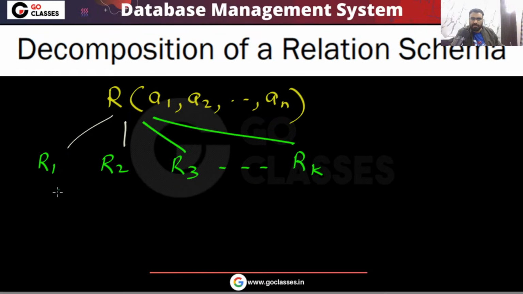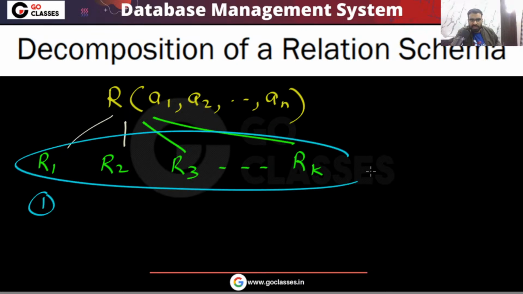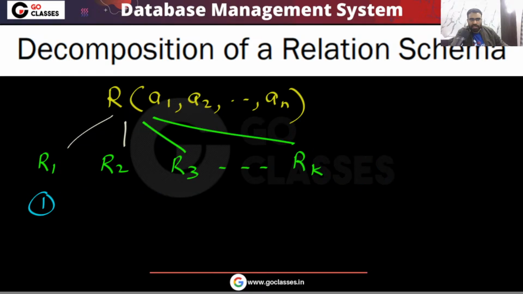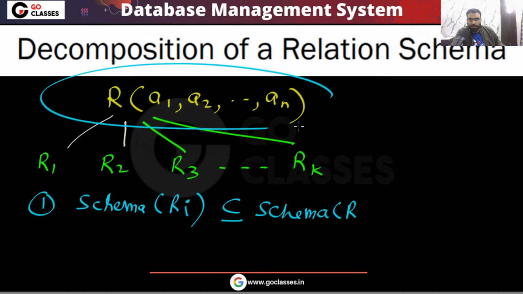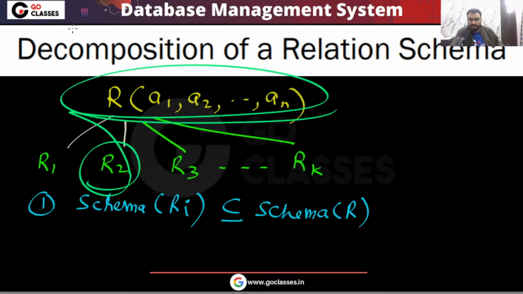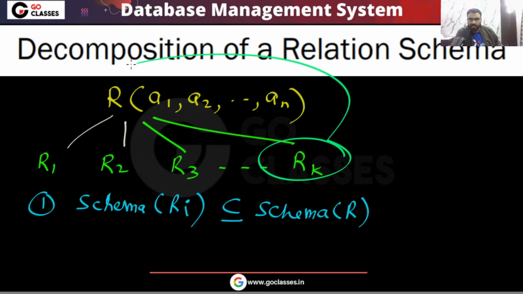Now what are the properties? Two properties must be satisfied. First, the schema of all these sub-relations should be a subset of the schema of R. That is, the schema of Ri should be a subset of the schema of R. The attributes of all these sub-relations should come from the relation R. For example, the attributes of R1 must be present in R, the attributes of R2 must be a subset of the attributes of R, and the attributes of Rk must be a subset of the attributes of R. This is the first property.